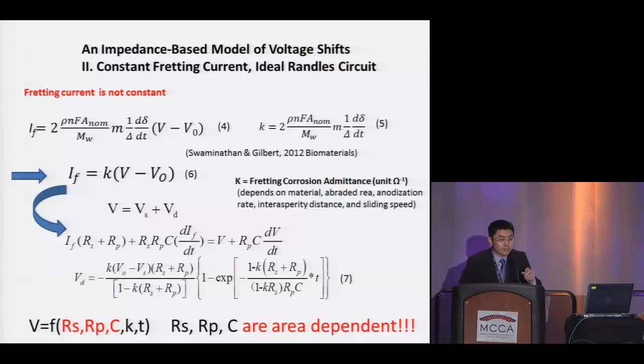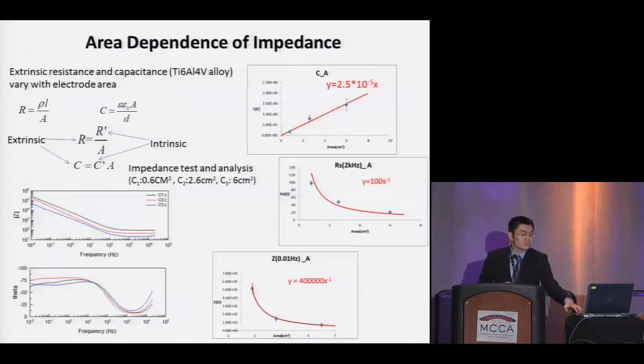So could you repeat it? Sorry. I'm wondering essentially what's the difference with the impedance model versus in terms of area dependence, in terms of what's generally known about changing the relative size of your components in corrosion sets.